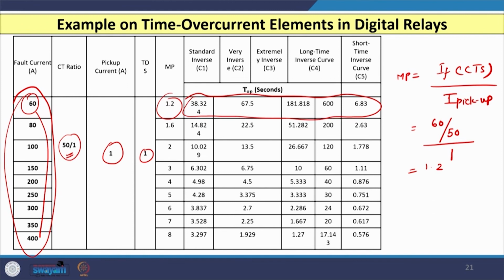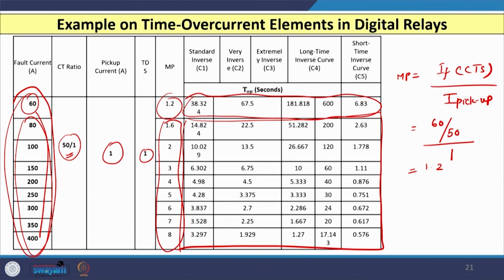Similarly, for other values of fault current, you can calculate the value of multiple of pickup current, and then you can also calculate the time of operation of relays for each curve starting from C1 to C5.